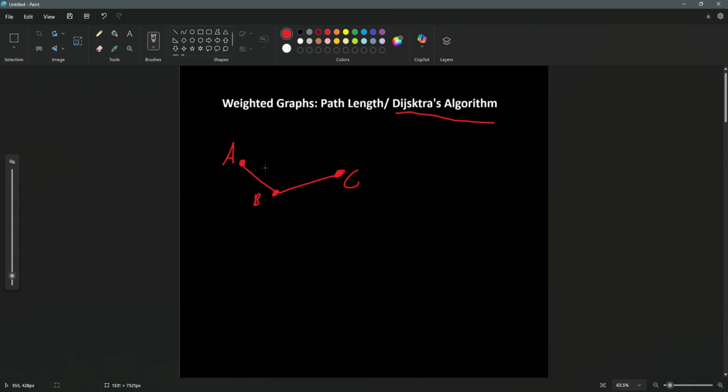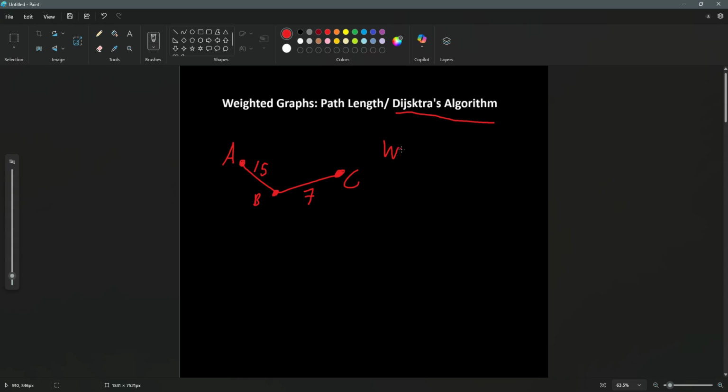For some examples, that's just a flat number. For other examples, it's a cost, a distance in miles, something. So I'm going to add a few numbers here and figure out what the weight of this is.